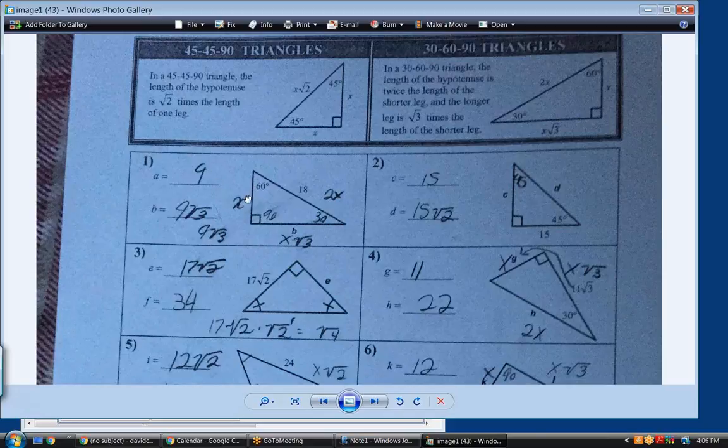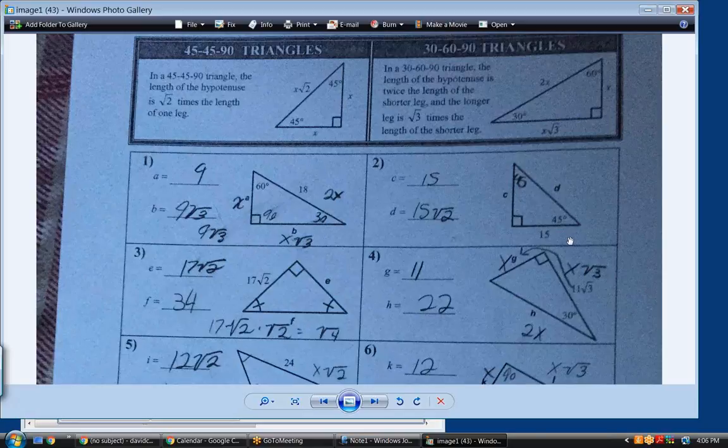So this long side should be 9 square root of 3, which it is. That's pretty much the way you did this problem, is it not? Yeah. In other words, you divided 18 by 2x. But really what you're doing is dividing 18 by 2, to find x. Right.